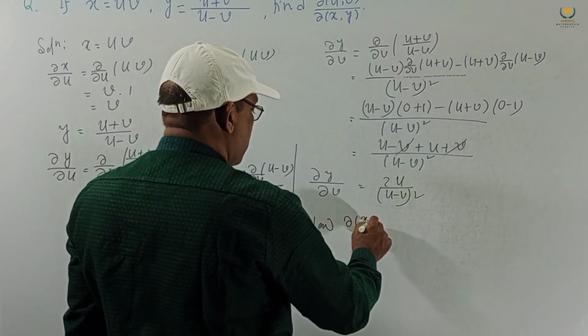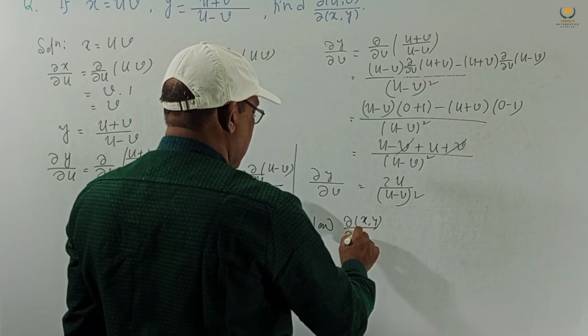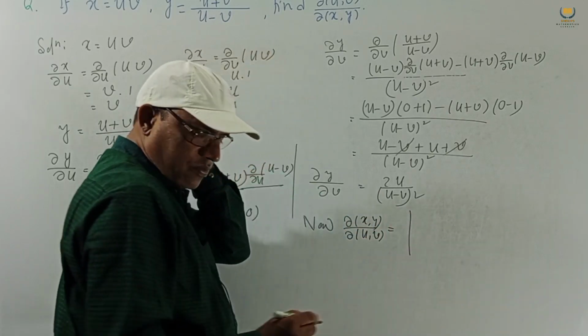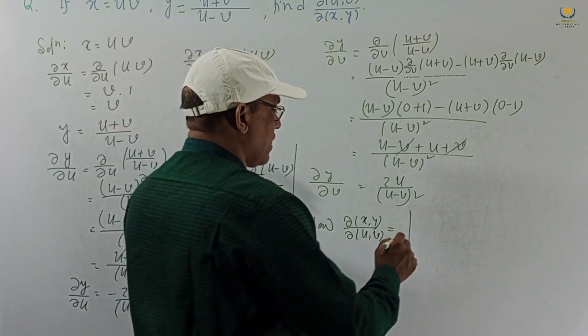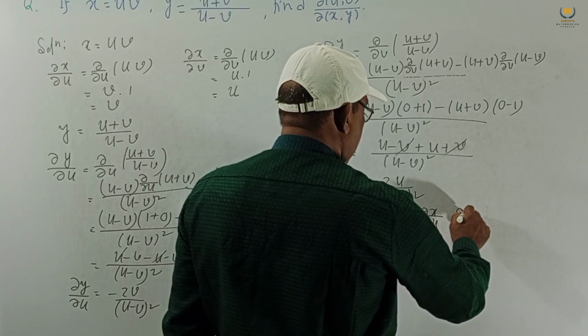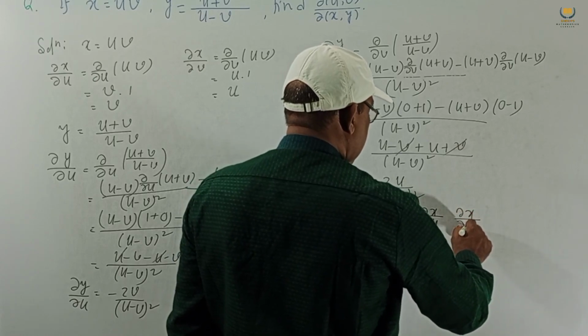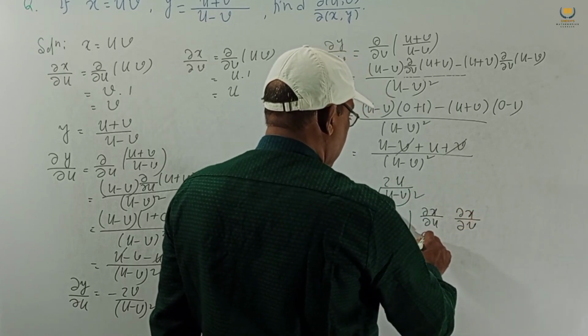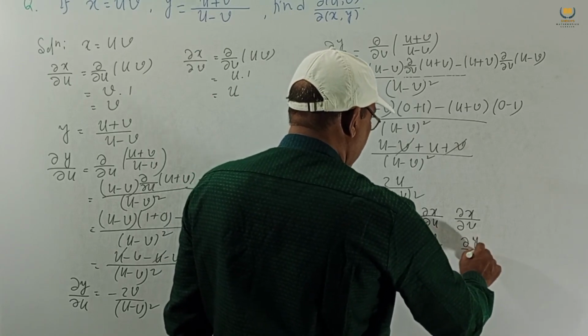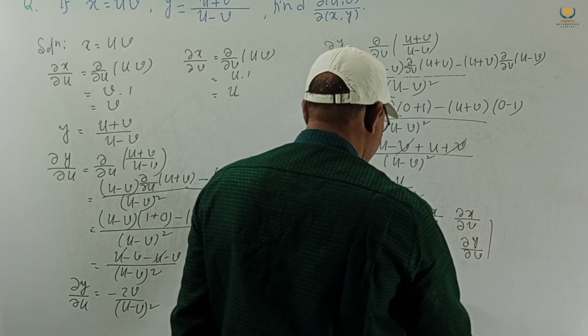Now del(x, y) by del(u, v), by the definition of Jacobian, we get the determinant with del x by del u, del x by del v, del y by del u, del y by del v.